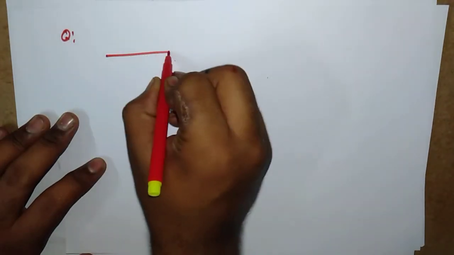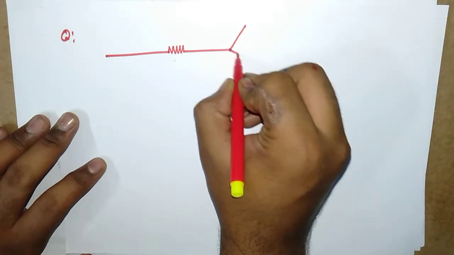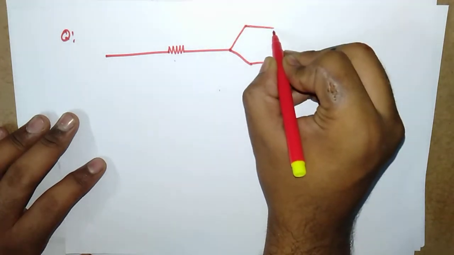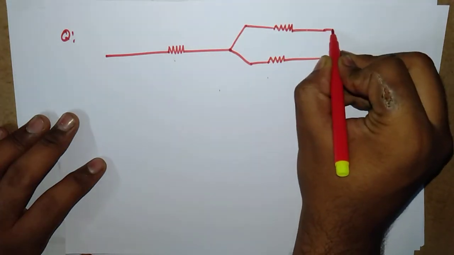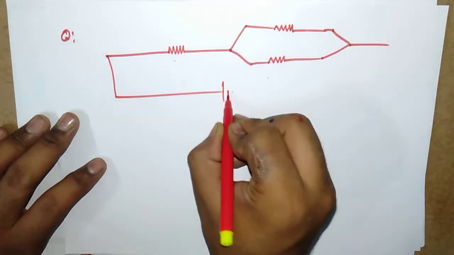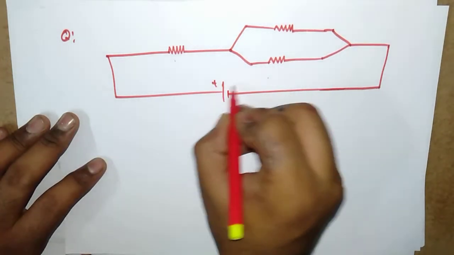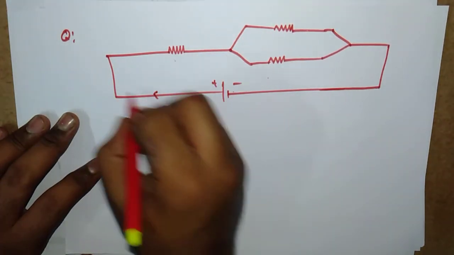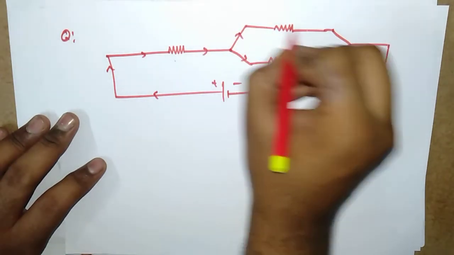Okay, I have a circuit like this. So this is my circuit. Plus minus, the current is flowing here and the current will get divided here.